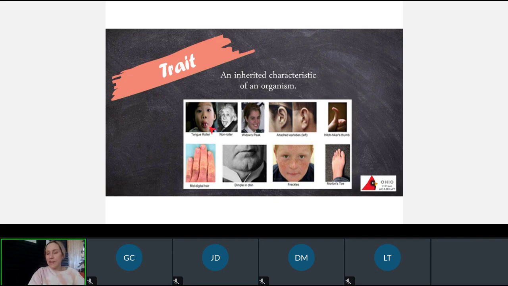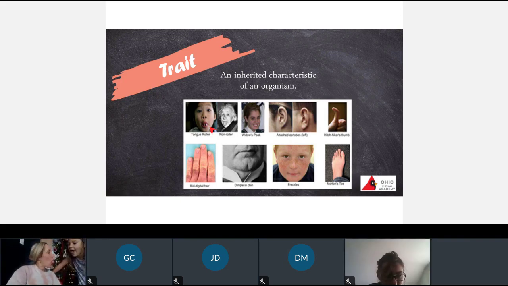Are you a tongue roller? Put it in chat. Can you roll your tongue? Milo, can you roll your tongue? Come here. Milo's going to be our first example. Can you roll your tongue? She cannot. She's trying so hard. It's indenting in the middle, it's doing something weird, but you can't make it like a taco.